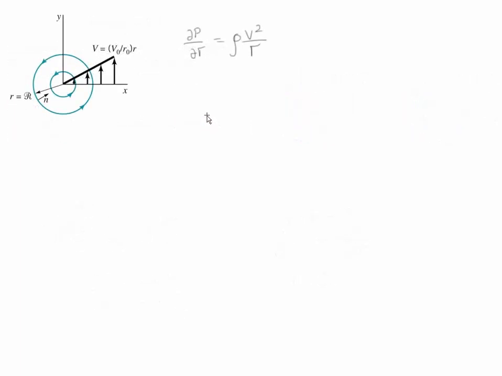Let's start with case A. In this case, we have the velocity profile provided by this equation. Since we have to solve for the pressure distribution, the first step is to substitute this velocity into the equation and then do separation of variables so that we could find the pressure. So we do dp dr equals rho divided by r, and then we substitute the velocity.